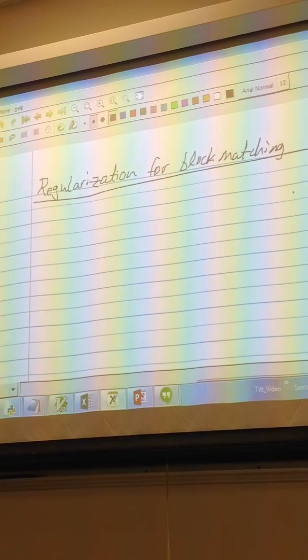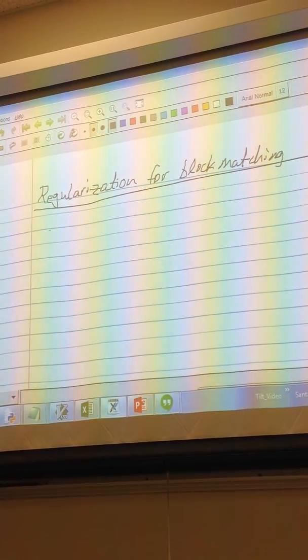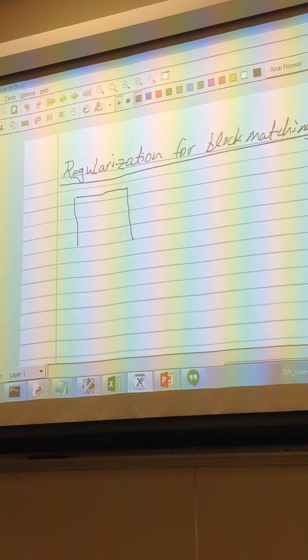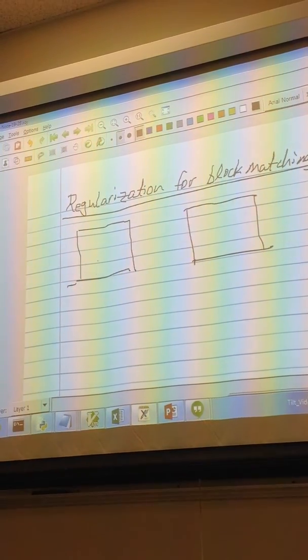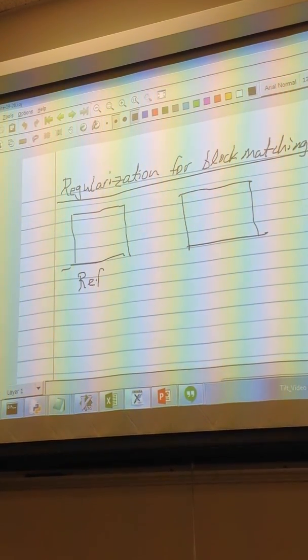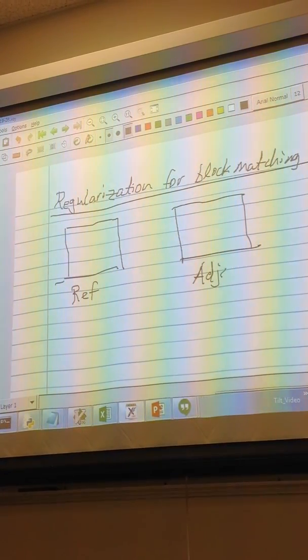Okay, let's take the case where we have two images. Here is our reference image, and this is what I usually call the adjacent image.